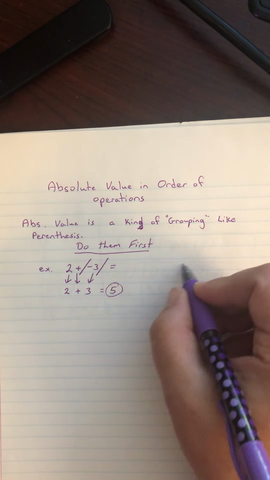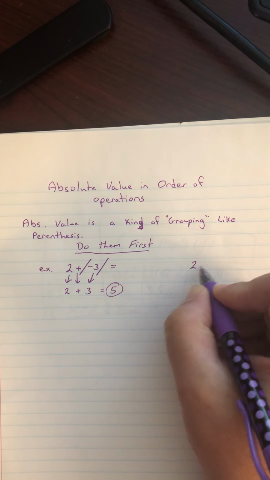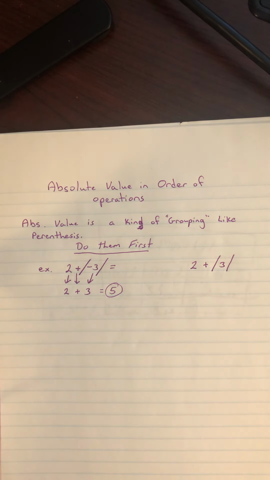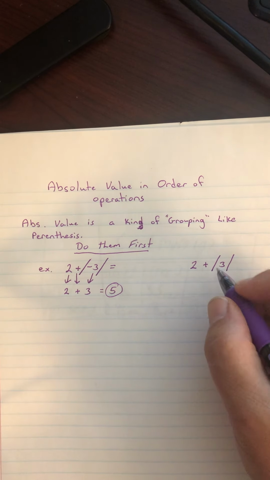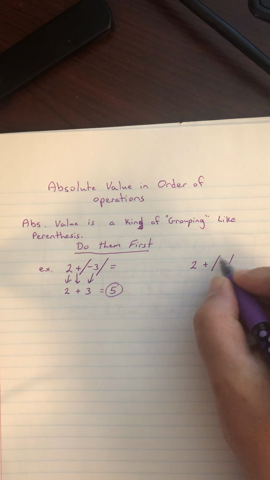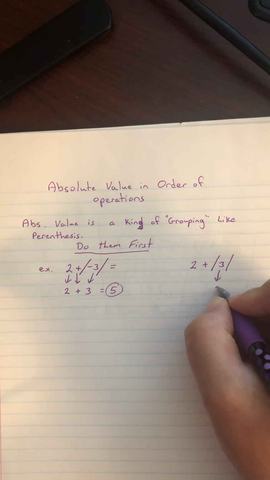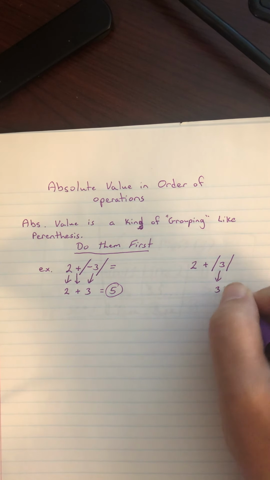All right. And I want to show you that what you're going to start to run into is that you can have 2 different problems that give you the same answer. That's what starts to happen when you have absolute value involved. Because the absolute value of +3 is also +3.